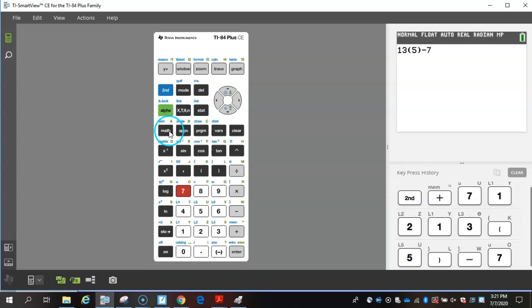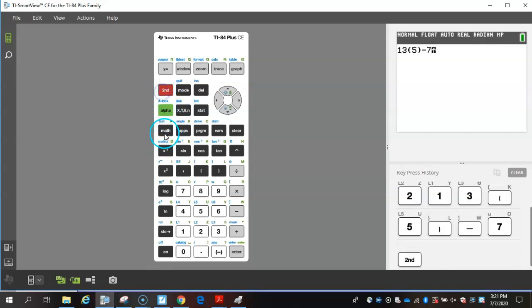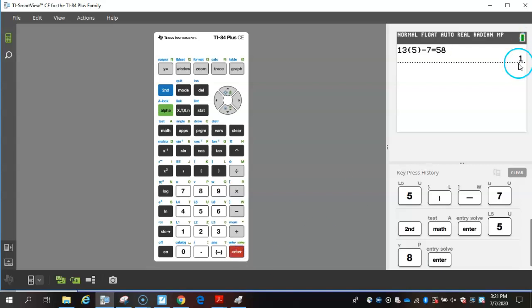I'm going to test this using second test and my equal sign. Remember, your calculator talks to you. If it's a 1, this is a solution, it's correct. But if it's a 0, this is not a solution. We got a 1 in this case, and that is correct.